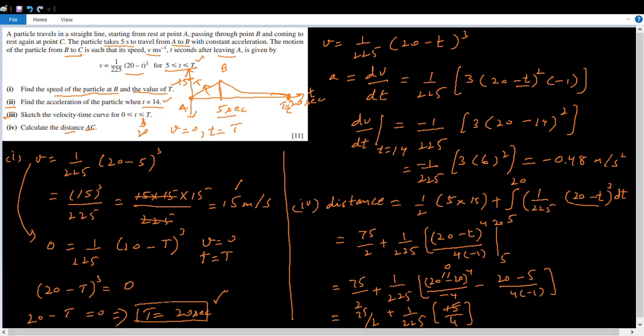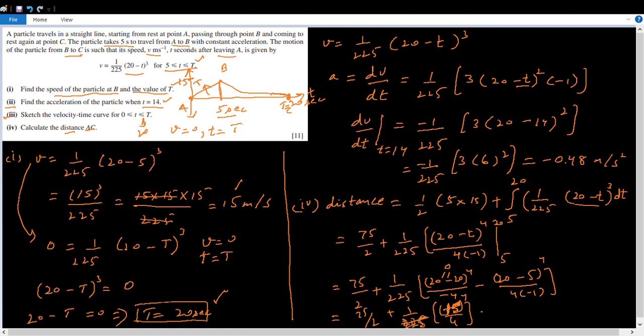So it will be 75/2 plus 1/225 times 15 over 4. Oh, actually I missed here, that is power 4, so this is not 15, this is basically 15 raised to the power 4. Okay, let's wait, this will be 15 to the power 4, this is not cancelled, and this is 225.